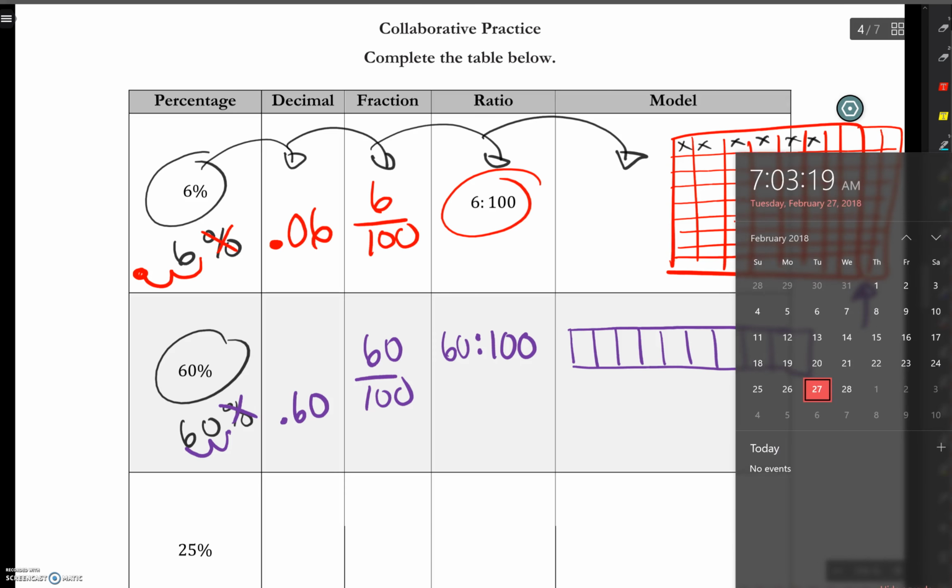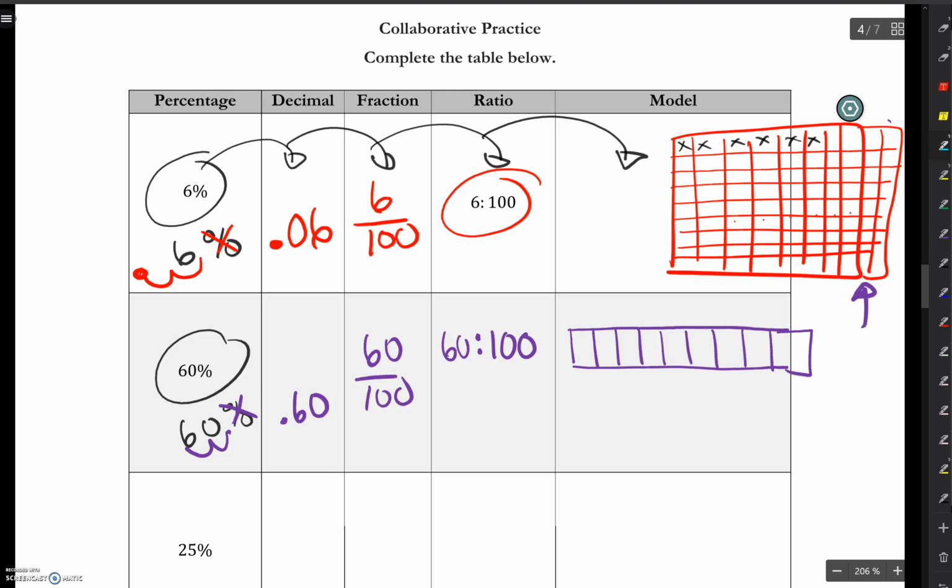So we could shade in 6 of them. And so we would have 6 out of 10 shaded, which we know when we do it like this, this is times 10, this is times 10, which would equal 60.